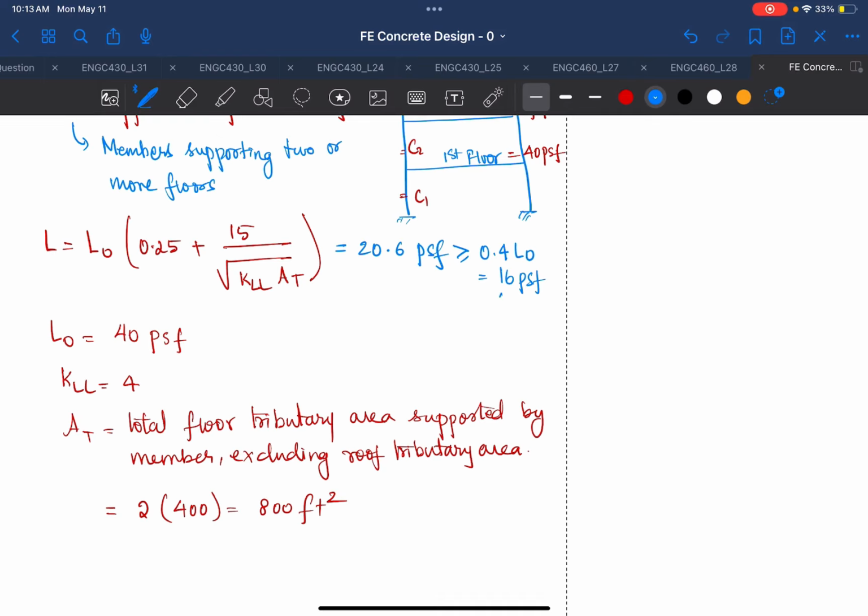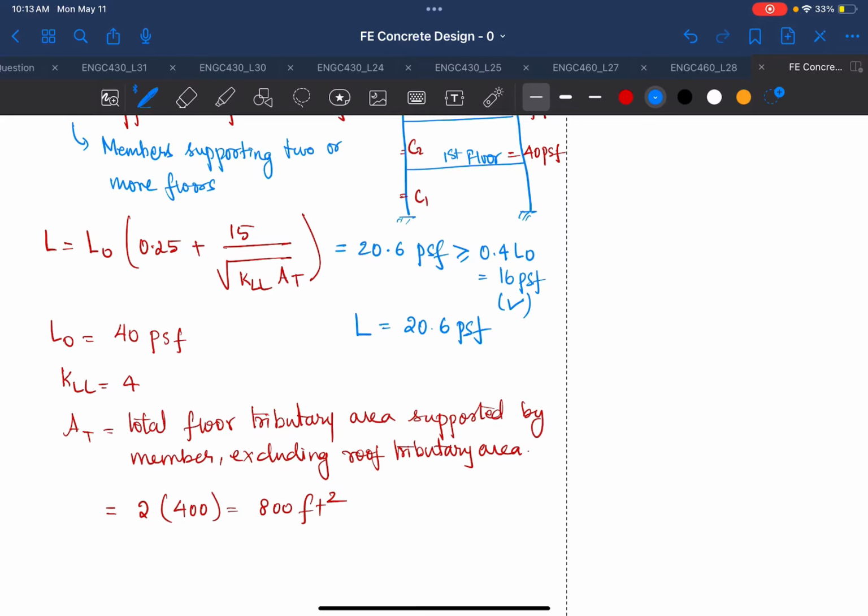Because this condition is satisfied, for your C1 design you can use a floor live load of 20.6 psf. Okay, so that's how you calculate the floor live load reduction.